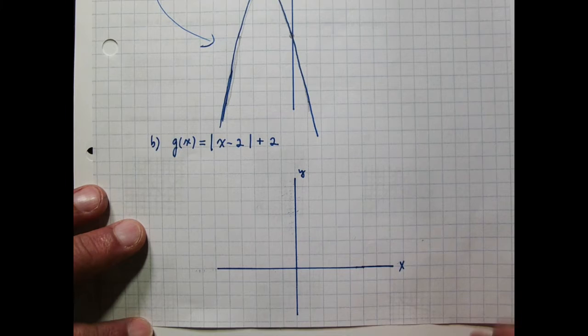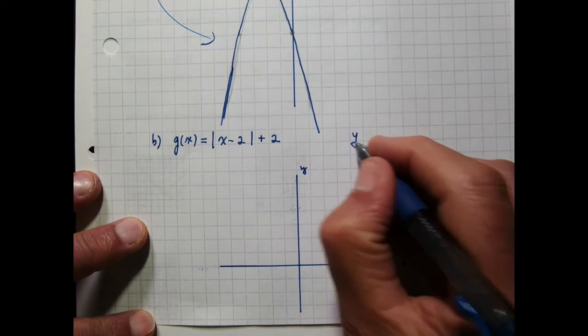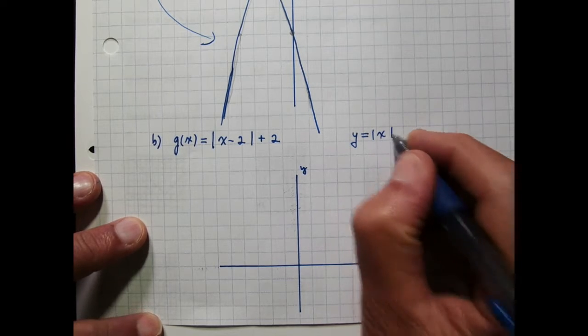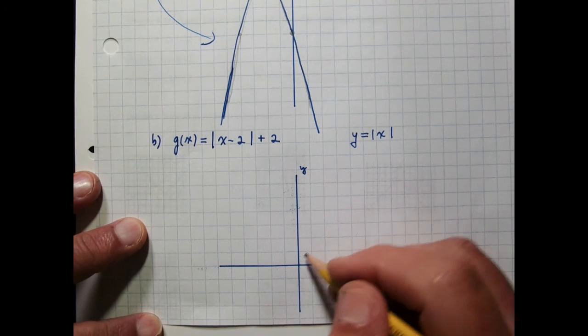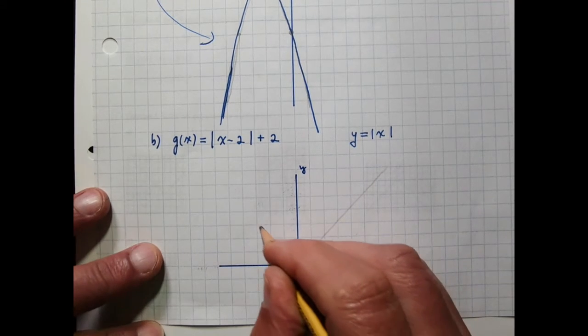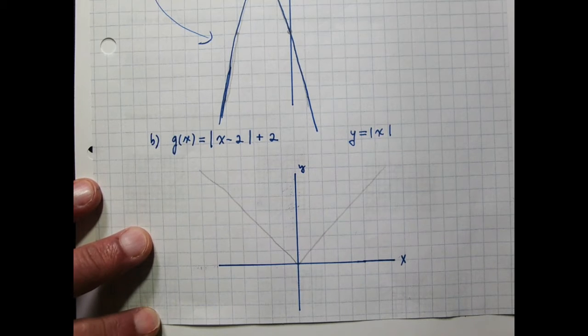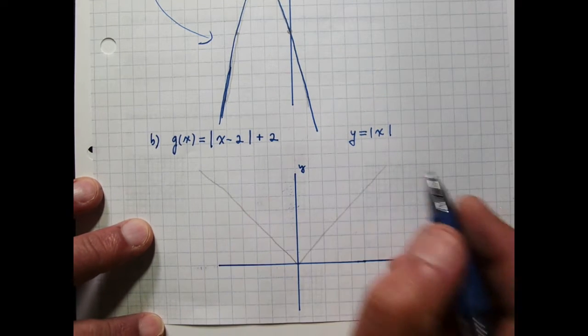g of x equals the absolute value of x minus 2, plus 2. So we're going to work from just the absolute value of x graph, which is easy for me to remember. And we've got a minus 2 inside, plus 2 outside.